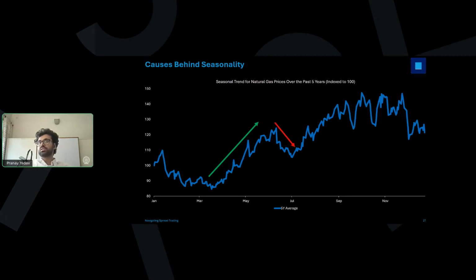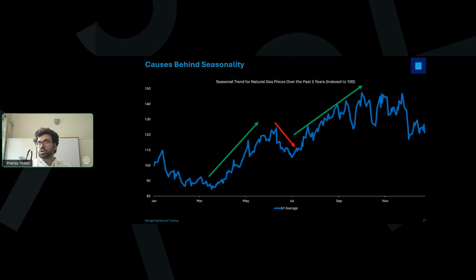Now, towards the end of the summer, that supply tends to catch up, which means that demand tends to slow down a little bit, but supply is still increasing, right? They're still assuming that there's going to be a high amount of demand at the time. As a result of that, there can be this pullback that we've observed over the past 5 years. During June and July, we can see a bit of a reversal in price. We can see prices pull back.